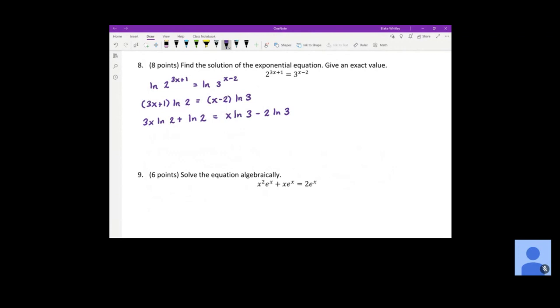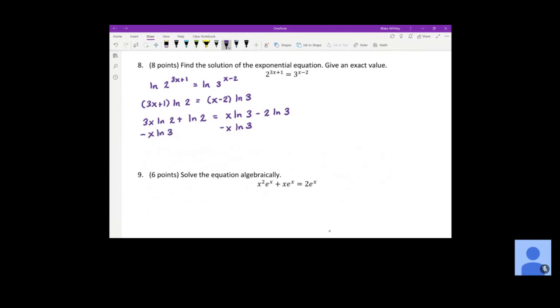Any questions on what I did there to get that line? Okay. So the next thing we're going to want to do is get all the x terms together and get everything else to the other side. So I'm going to subtract x natural log of 3 here and move it over here.